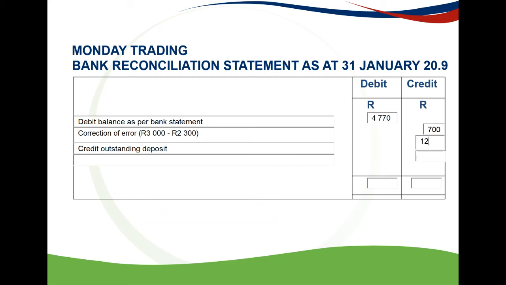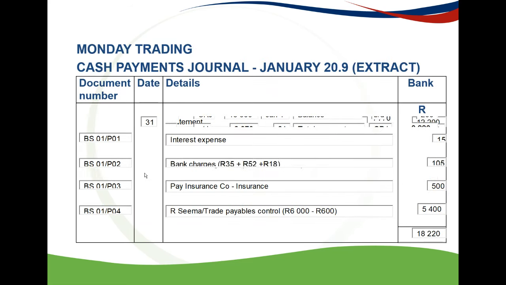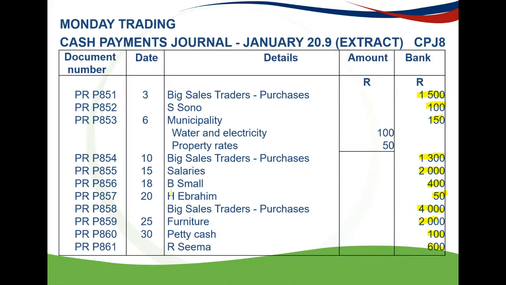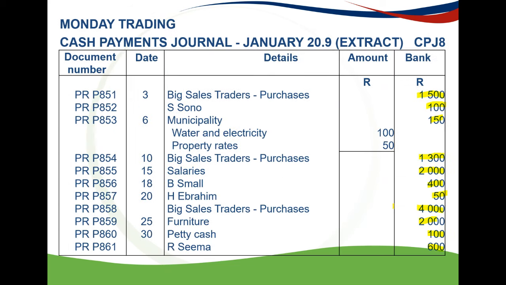So that's why we still have to record the 1,200. And then we should have all the transactions, because the 1,200 is also recorded. We've done the correction for that 3,000 on the bank statement.